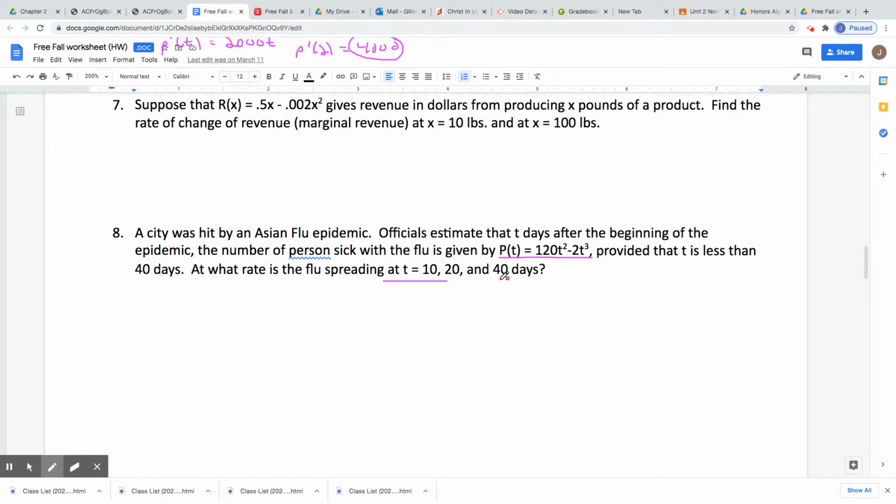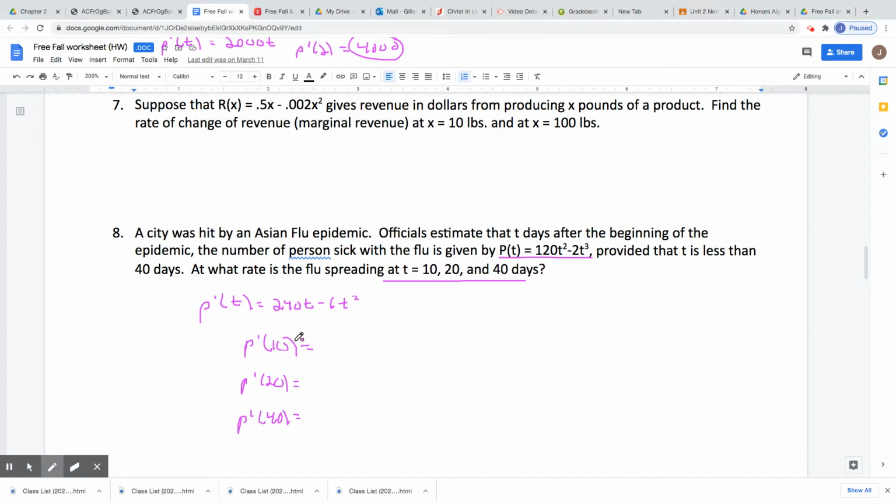So since it says at specific times, you have to figure out that this is instantaneous, so you figure out the derivative, which is 240t minus 6t squared. All right, so then what you're going to do is just plug in 10, 20, and 40 into this equation.